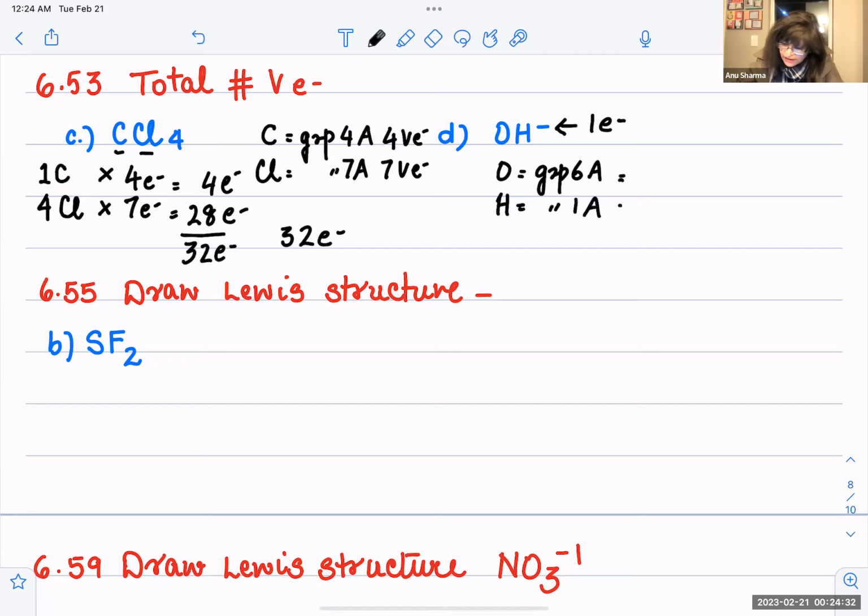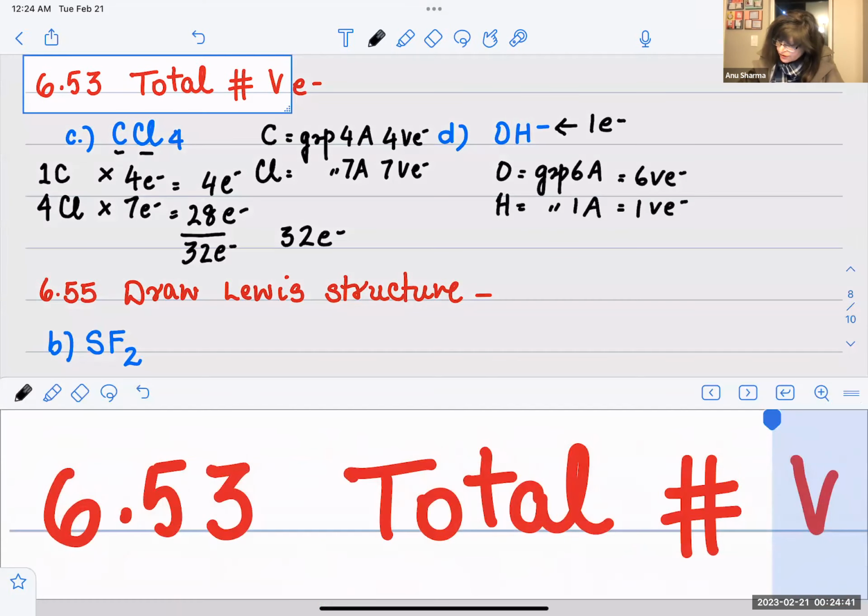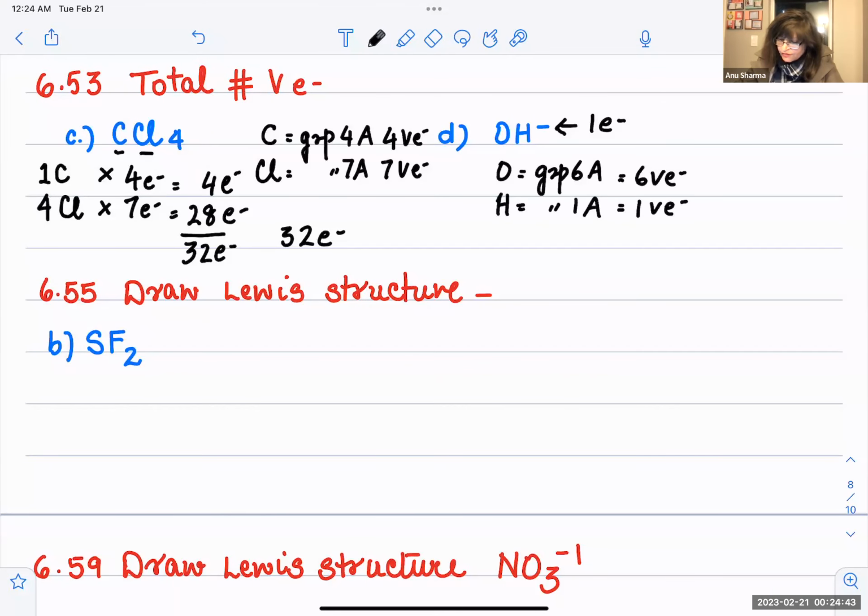So oxygen has 6 valence electrons and hydrogen has 1, and then there is 1 more electron coming from the charge. So a total of 6 plus 1 plus 1, which is 8 valence electrons. Okay, so that's one piece.